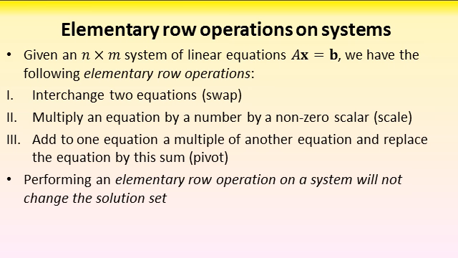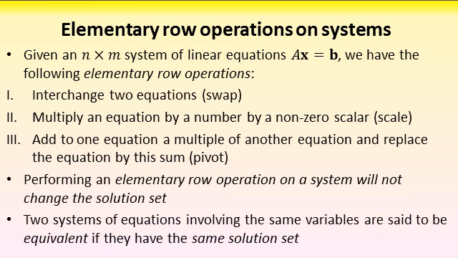So this is so useful that we have some terminology for this. We say that two such systems are equivalent if they have the same solution set. Performing an elementary row operation on a system will give you a new equivalent system.